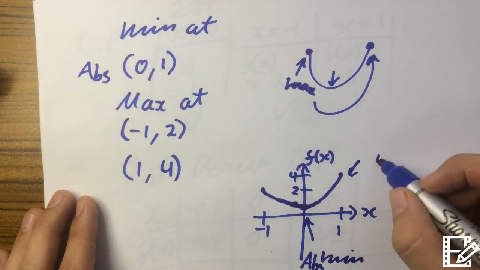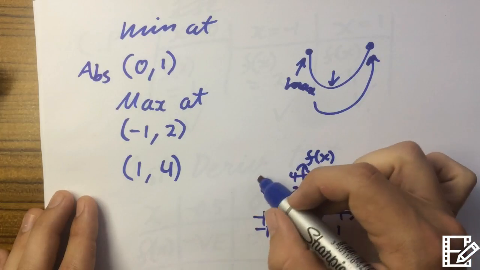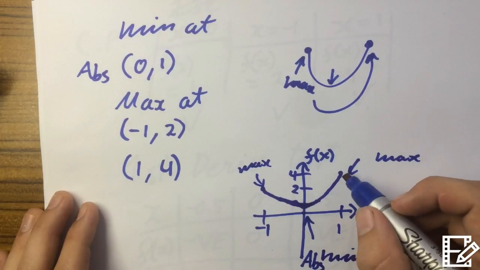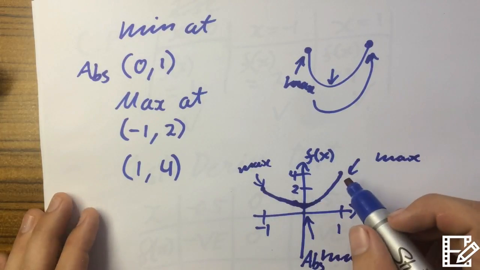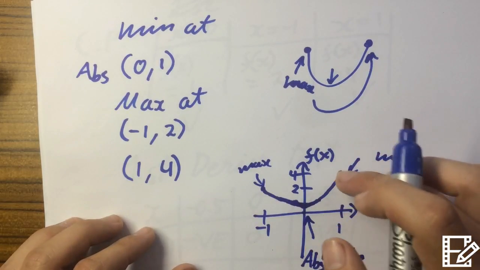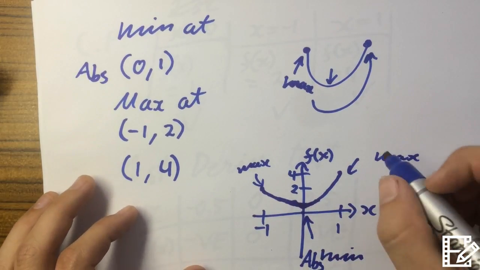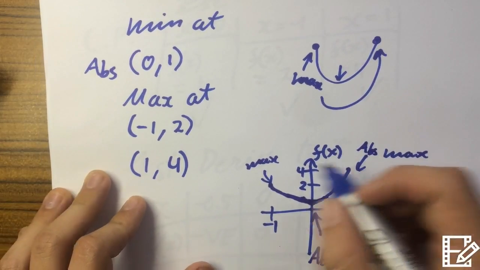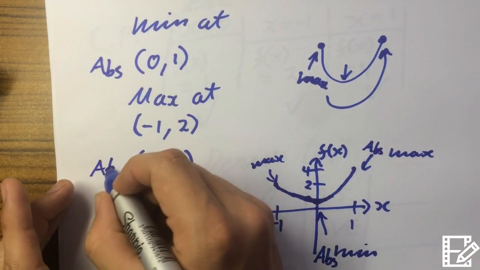This is a maximum, and so is this, considered to be a maximum. But this point is higher than this one, because this is the highest point on the whole graph. So we say that this is the absolute maximum, which is (1, 4), this one here.